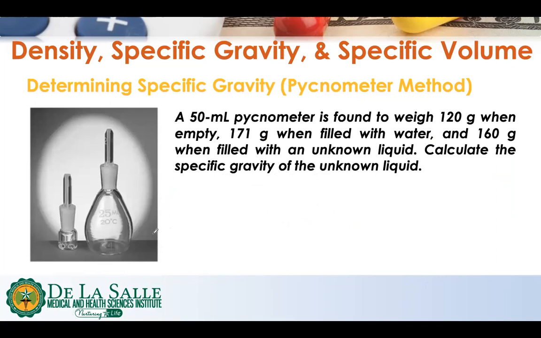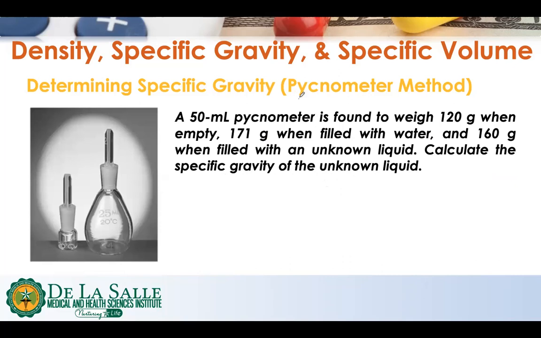Now, let us illustrate the first of the two methods of determining specific gravity. Remember that the specific gravity can be determined by two methods, one of which is called the pycnometer method. The other one is called the displacement method or the plummet method.